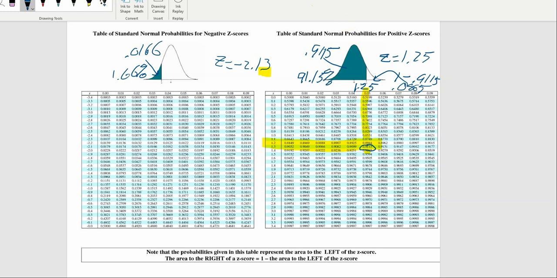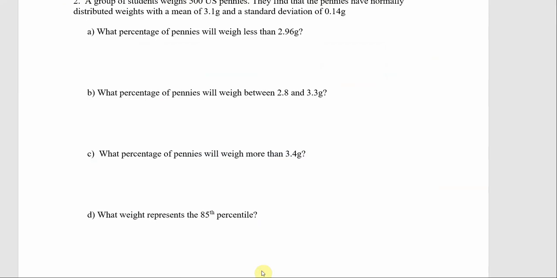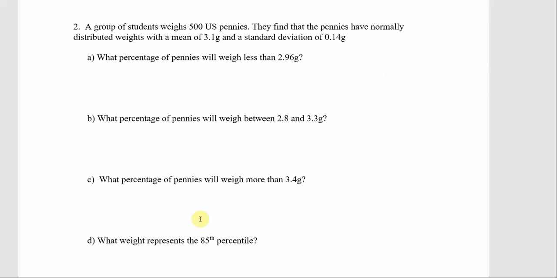Okay, so let's take a look at some problems here. We have 500 pennies, and they found that they have normally distributed weights, with a mean of 3.1 and a standard deviation of 0.14. So I want to know what percentage of pennies will weigh less than 2.96 grams. So the first thing you want to do is find your z-score.